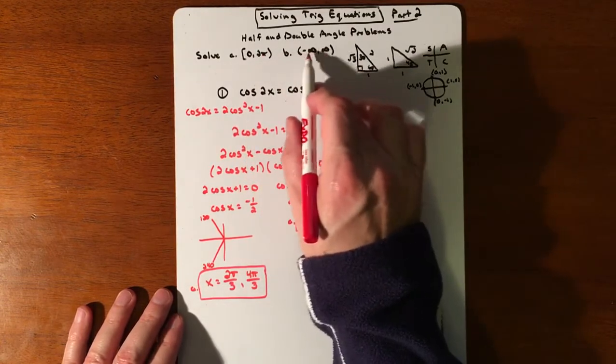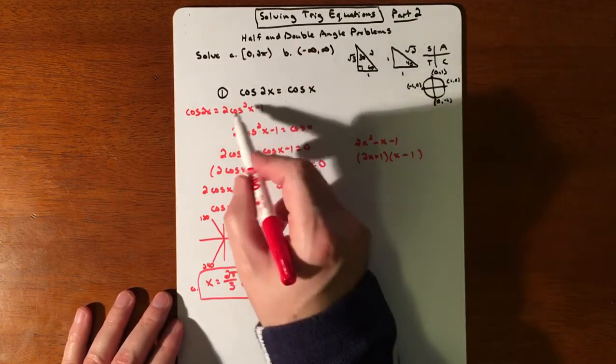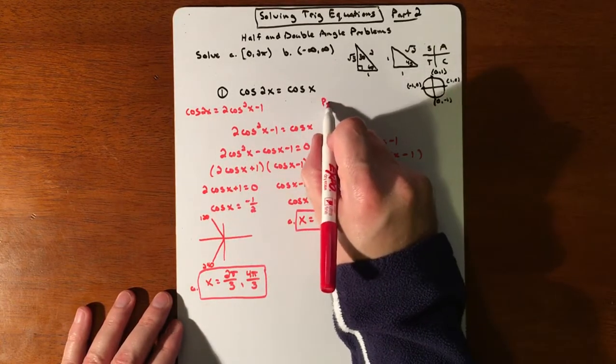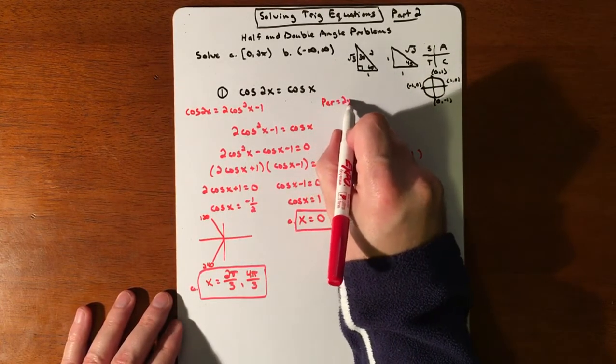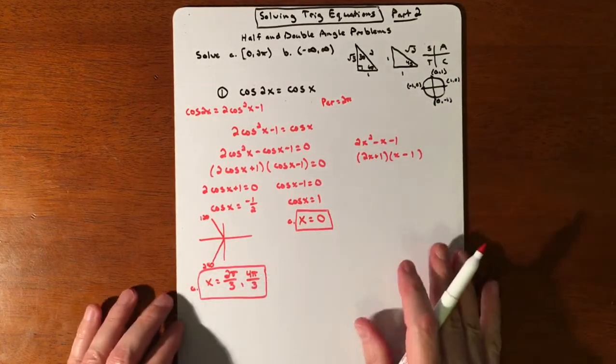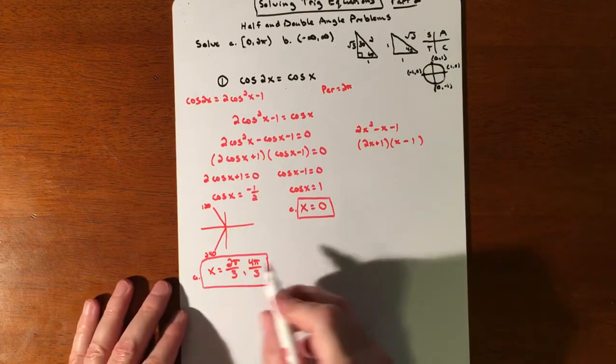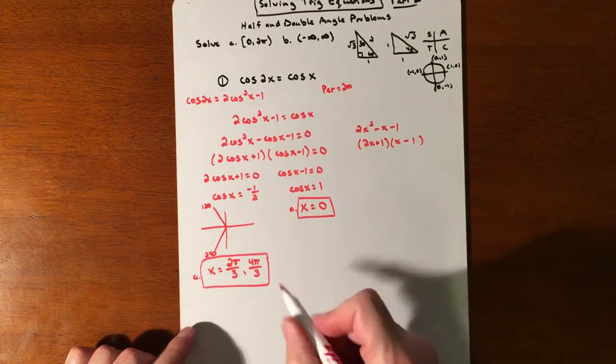If we're going to do an infinite amount of these, our period, because we subbed this out, is still going to be 2 pi. So we take all of our answers and account for the fact that we would have these coterminal angles.